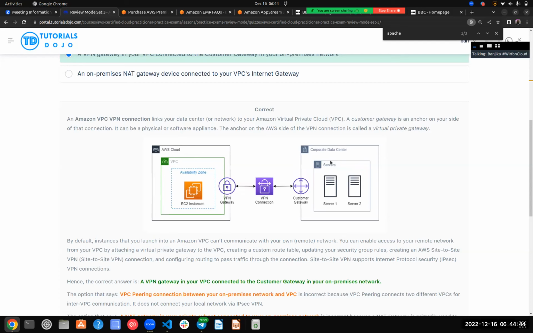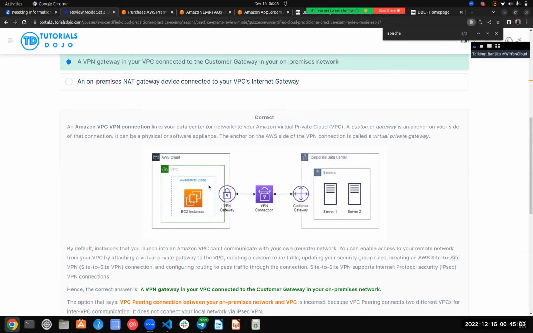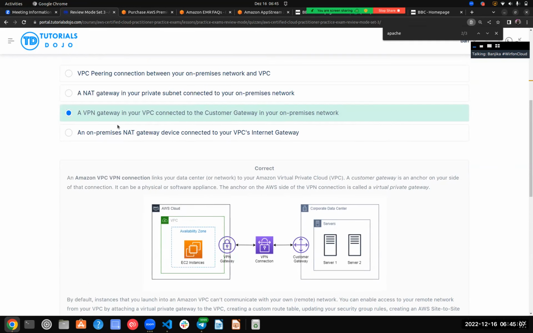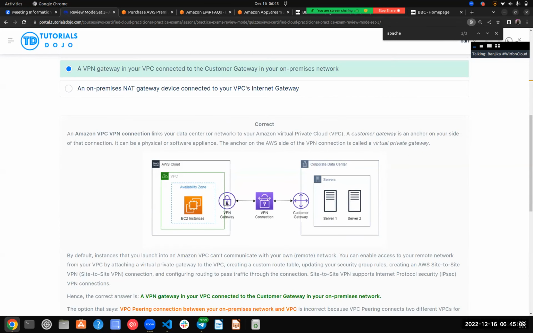If you're a customer and you already have a data center and you move to AWS and you want to connect your cloud to the data center, one way is through the VPN. In the VPN, you always have on the cloud a virtual private gateway, a VPN gateway, at this end.